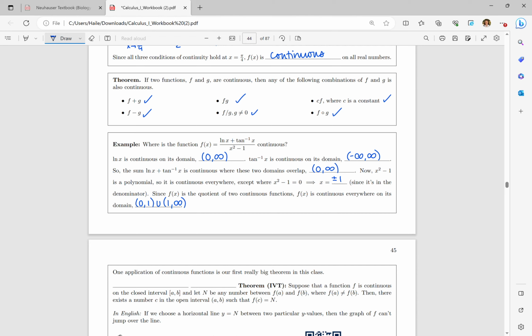Okay, so just to recap, notice how we built this up. We started with the domains of all of the individual functions. We took the intersection of these domains to figure out the sums, the differences, quotients, products, all of that good stuff. And with quotients, you just have to be careful to exclude numbers where the denominator is 0.